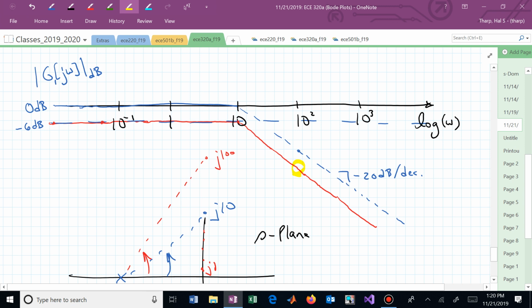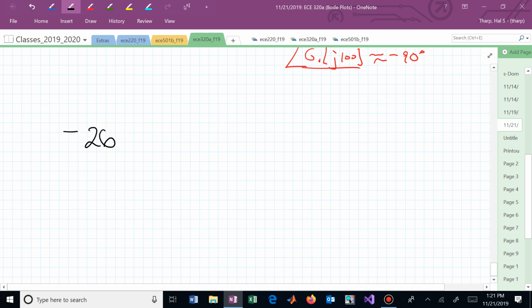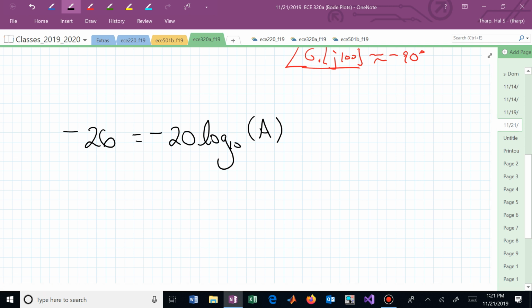What I'm saying now is, if this is G1 of j100 in dB, we've said that's minus 26 dB. If we now have minus 26 dB, and that's 20 log base 10 of some scale factor A, and we solve for A. Divide both sides by 20.